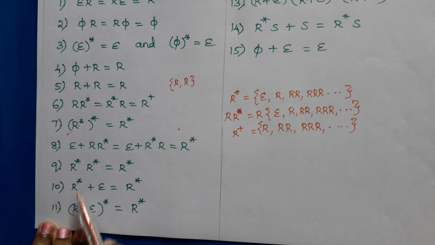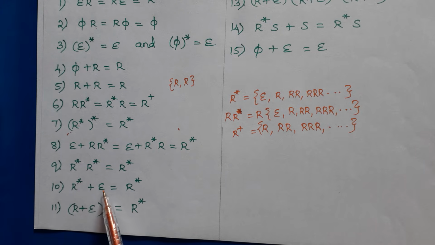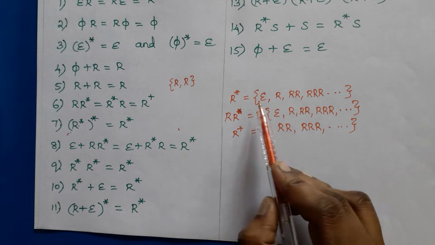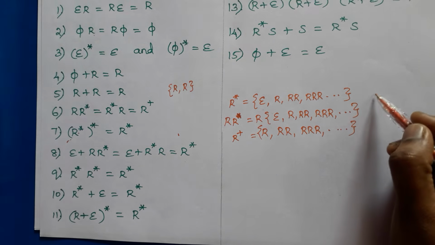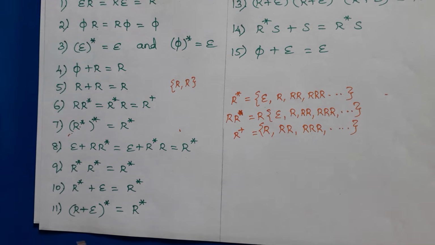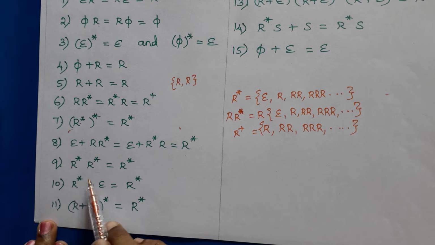R star itself has epsilon and all combinations of R's. Again epsilon is added here, right? Union operation is performed. So simply we can write R star, because R star itself has epsilon. Again we are going to perform union epsilon, so it is already included in the R star.